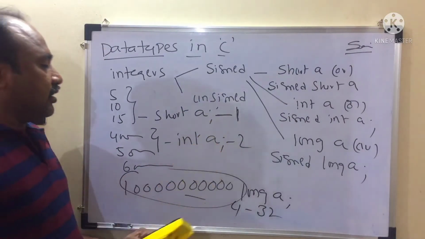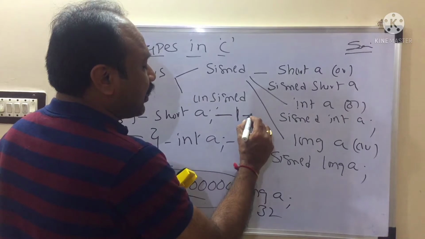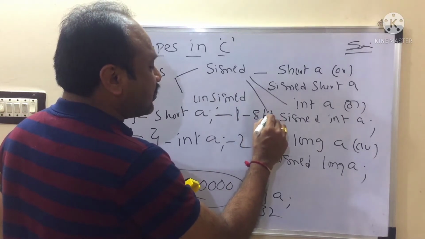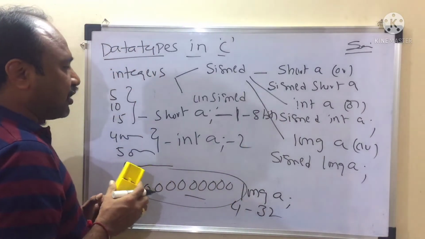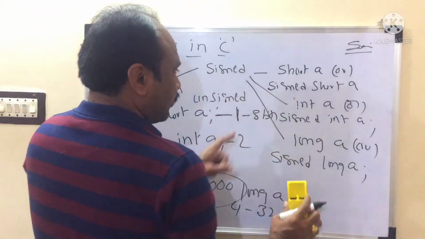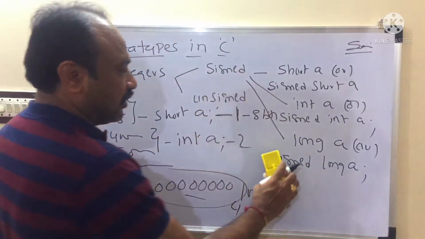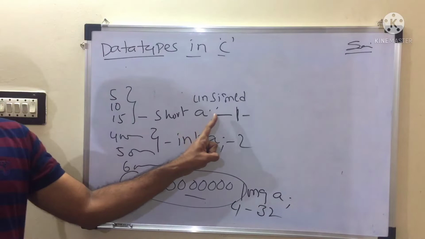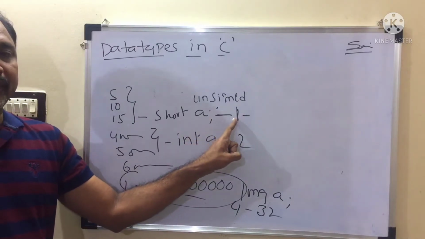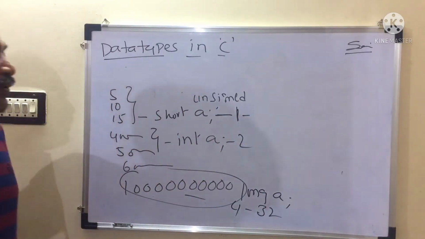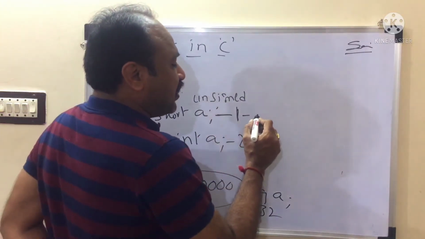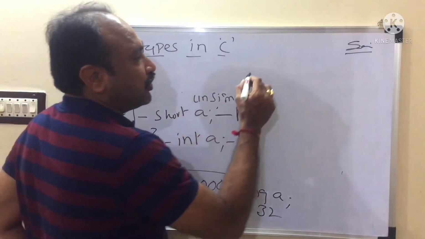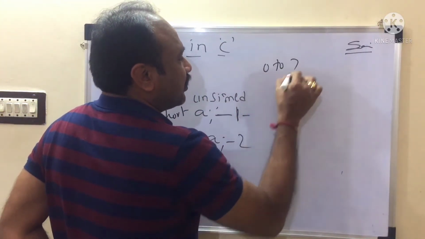Being short integer, 1 byte means how many bits? 8 bits. I am erasing it, I will explain here. If you declare an integer as short integer, it requires how many bytes? 1 byte. 1 byte means 8 bits. 8 bits means it will accept values from 0 to 7 bit positions.